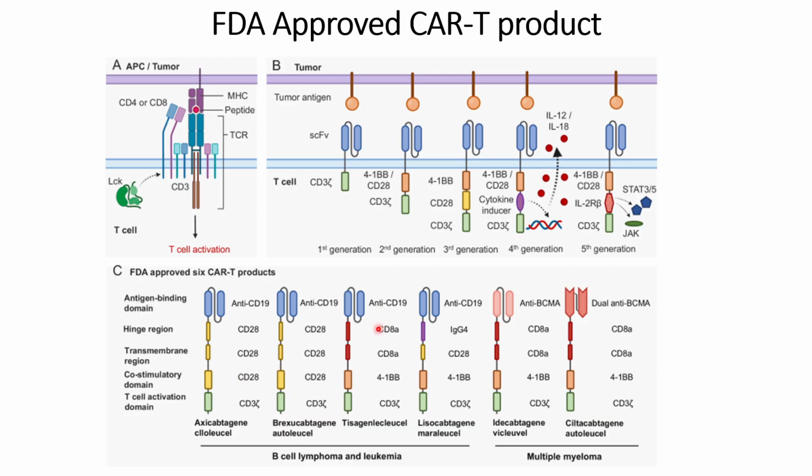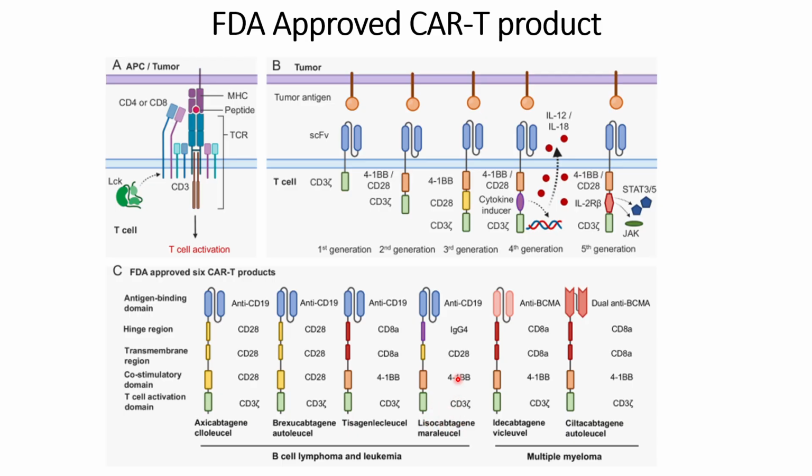In the third case, instead of CD28, they use the hinge from the CD8A domain, and the transmembrane region is also from CD8A. In this case, they use 4-1BB as the costimulatory intracellular domain, and CD3 zeta for T cell activation. In the fourth case, they use the hinge from IgG4, the transmembrane domain is CD28, and 4-1BB is the costimulatory intracellular domain, and for activation they use CD3 zeta.